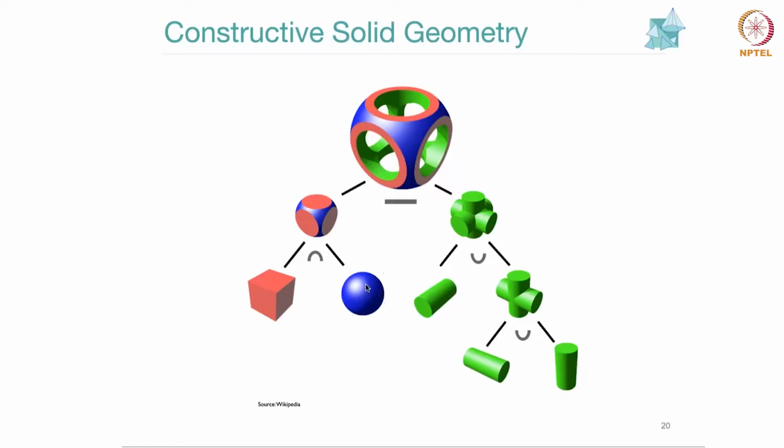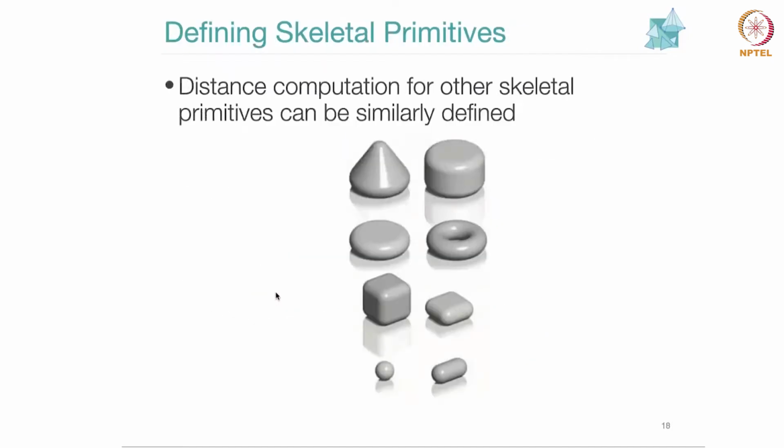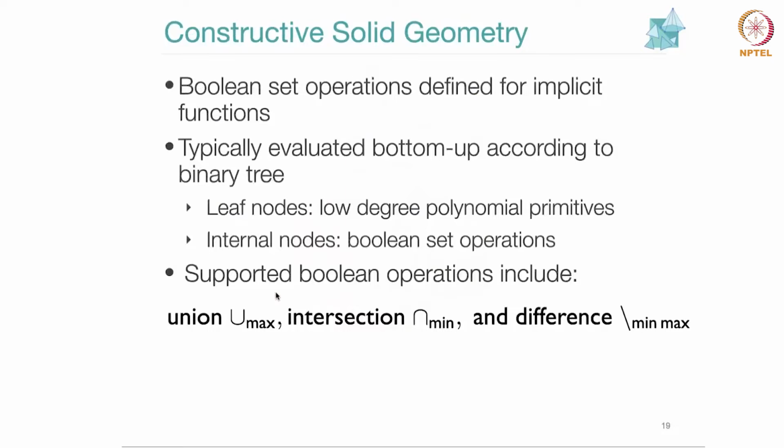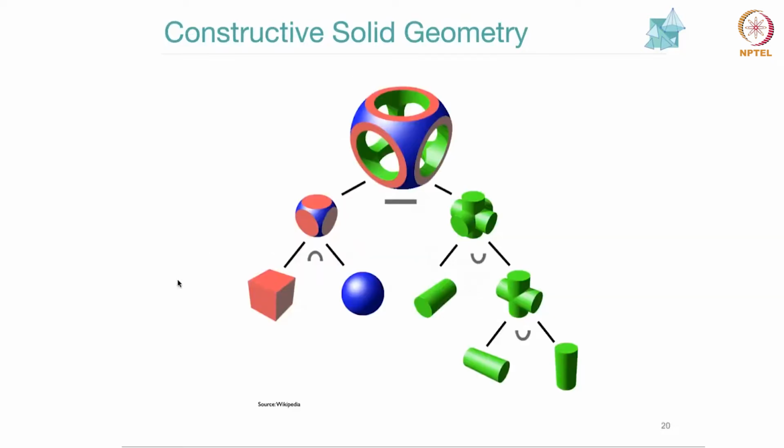On the other end of this tree, you have a sphere and a cube, and let's say you take an intersection in this case, not the union, right? The intersection is the common volume between these two primitives, and that's how it looks.